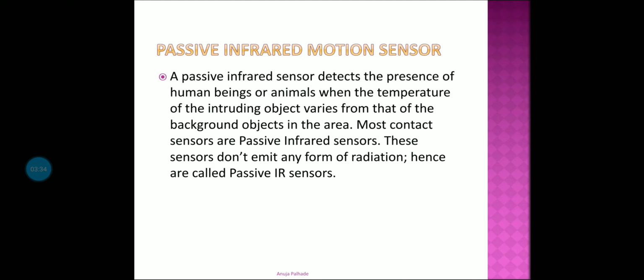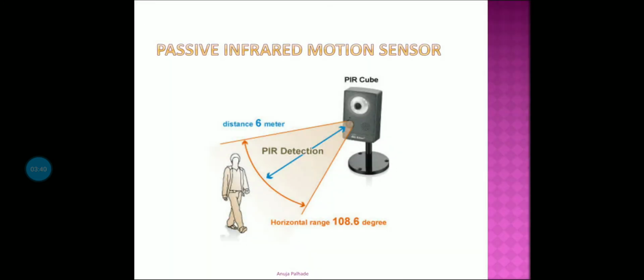Most contact sensors are passive infrared sensors. This sensor doesn't emit any radiation, hence it is called passive. You can see here a specified distance of 6 meters allotted to the sensor, and it has a specific angle.